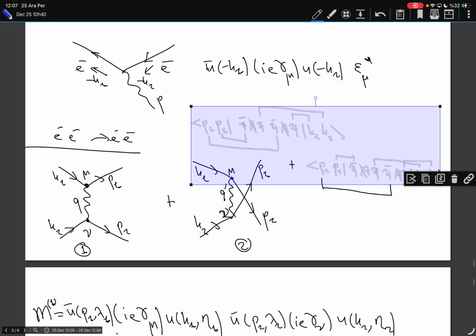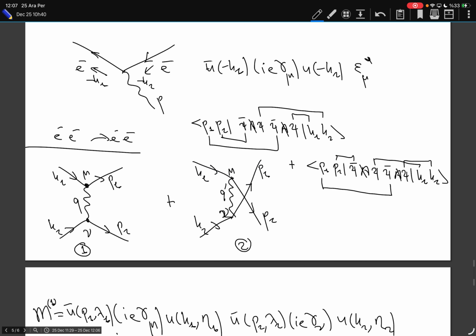And remember, this is a second order in perturbation theory, so in the expansion of the exponent, we have this 1/2 factorial. So that 1/2 factorial basically cancels this one. So that's why I'm not considering the exchange of P1 and P2. Or in fact, sorry, in the diagrams, I only consider the exchange of P1 and P2.